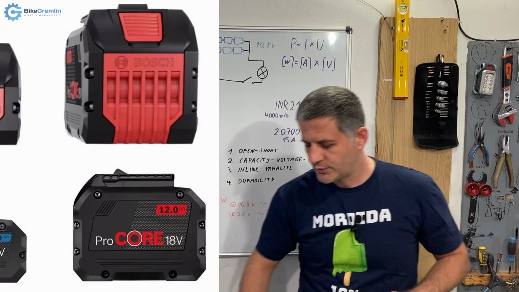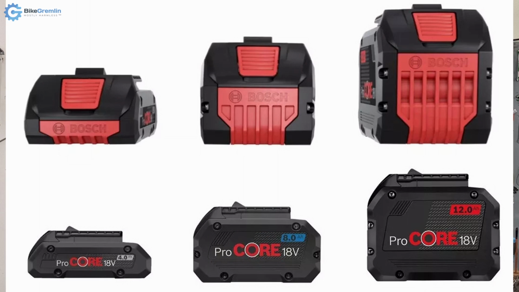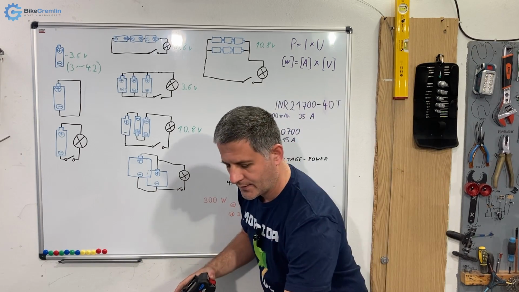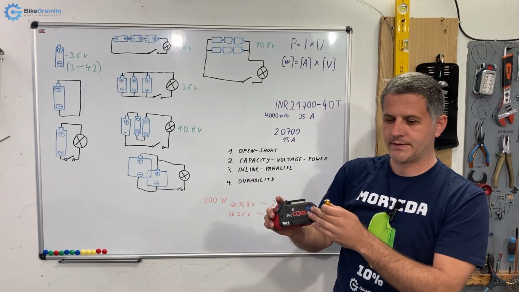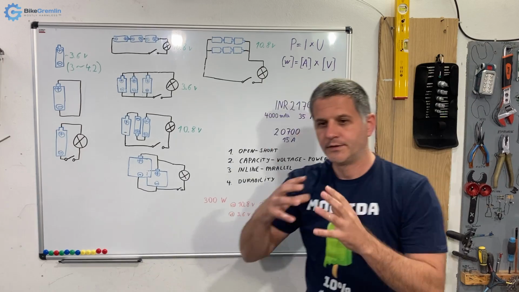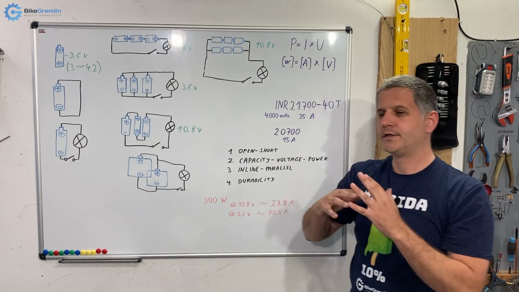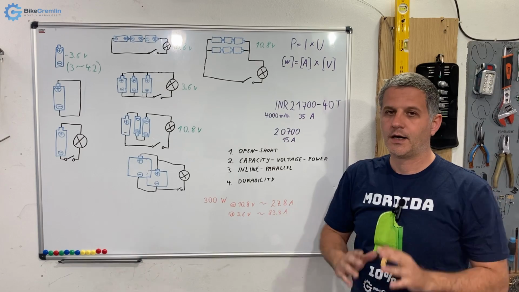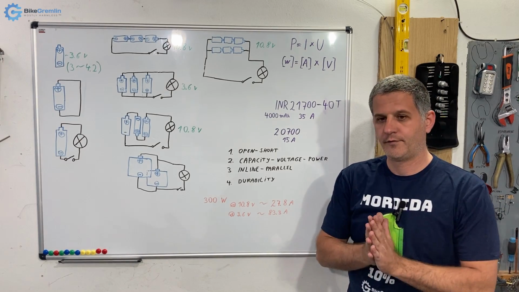I'm not sure about Bosch's 12 ampere hour packs, if they have 3 lines of those or just higher capacity for each cell to give you higher capacity. But those are the differences and the similarities between the capacity and power and current. So I hope I've explained it all clearly enough.